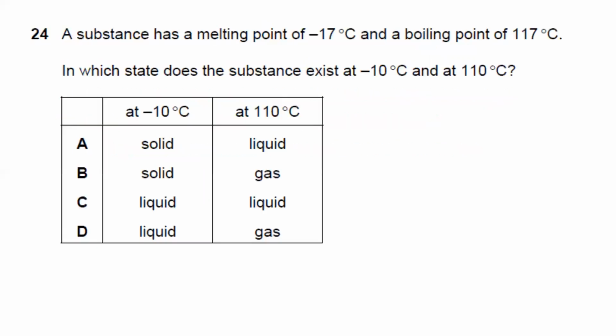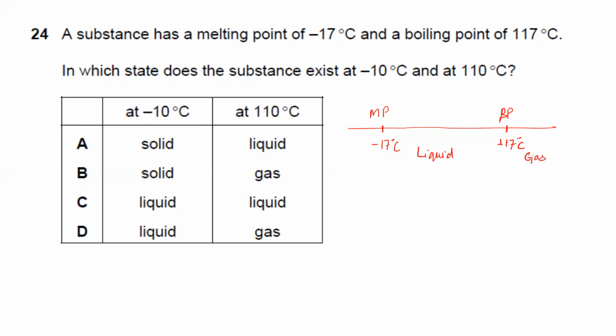Next question. It says a substance has a melting point of minus 17 degrees C and a boiling point of 117 degrees C. In which state does the substance exist at minus 10 and 110? The easiest way is to draw this chart. This is my melting point, MP, minus 17 degrees C. This is my boiling point, 117 degrees C. My substance will be liquid in between here.